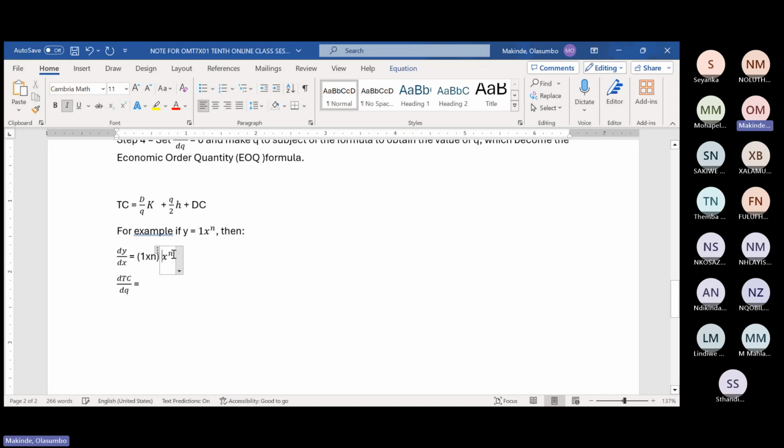Then you subtract 1 from the power. So that's how to differentiate.